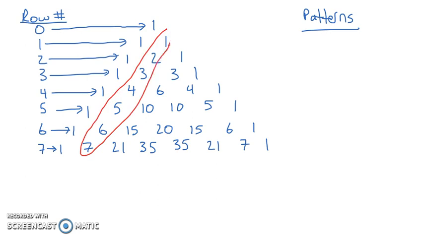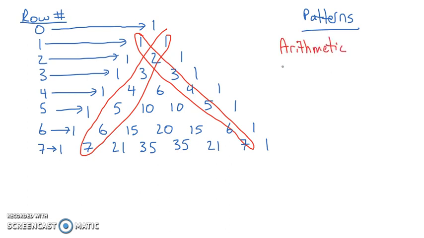It's the counting numbers, 1, 2, 3, 4, 5, 6, etc. And there it is, if I could circle it properly on the other diagonal. Now, that sequence is an arithmetic sequence. Why is it an arithmetic sequence? Well, the a value is equal to 1, and the d value is also equal to 1. We're going up by 1 every time.